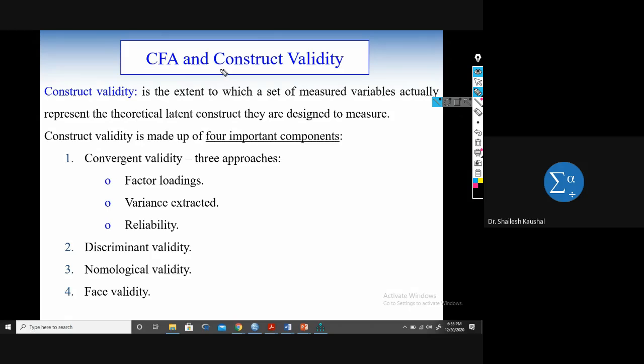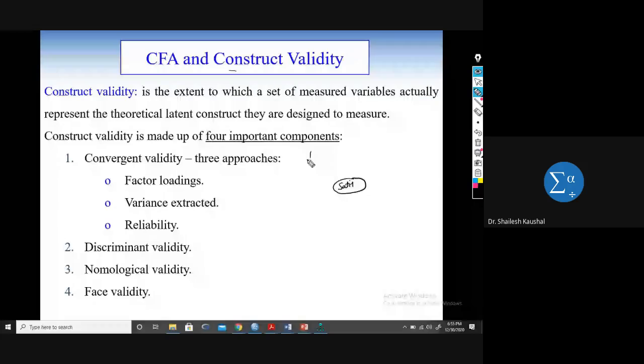Now what is construct validity? Construct validity is the extent to which a set of measured variables actually represents the theoretical latent construct they are designed to measure. Whatever construct we are taking, this is the construct. If I am taking questions to explain satisfaction, there are some variables related to satisfaction.